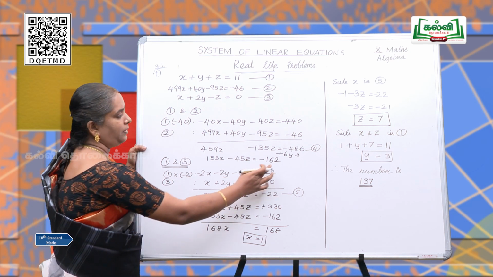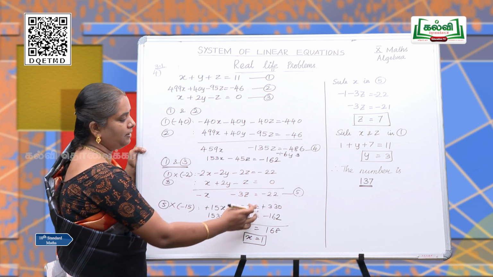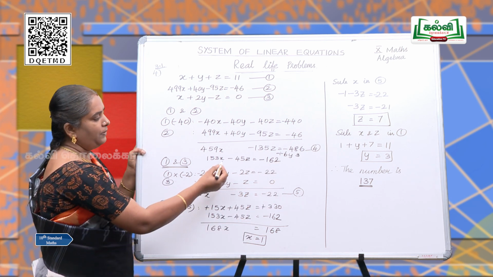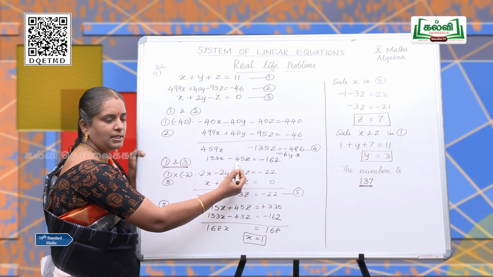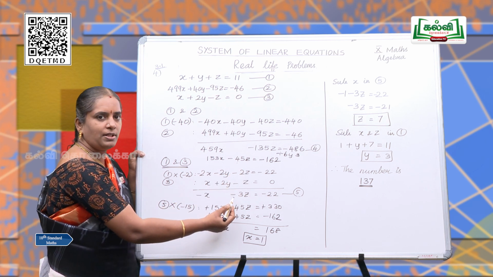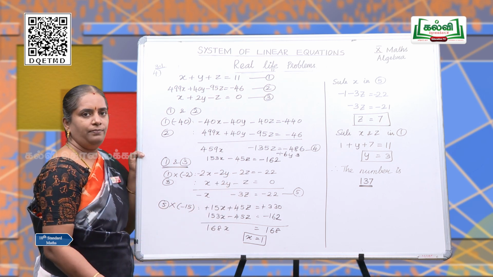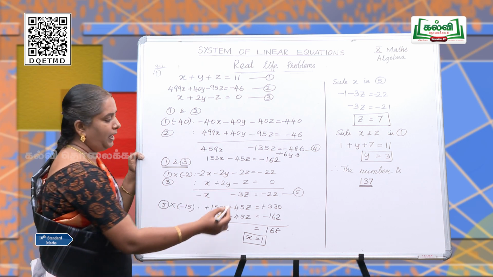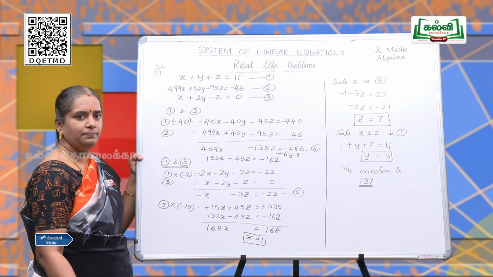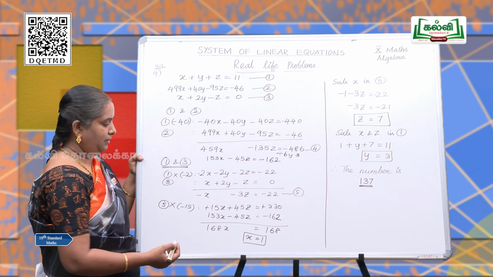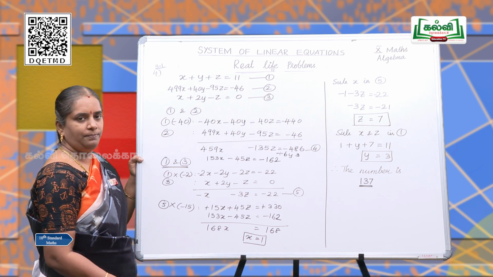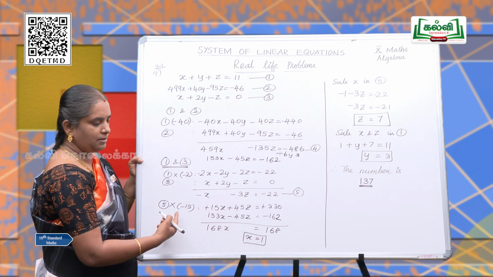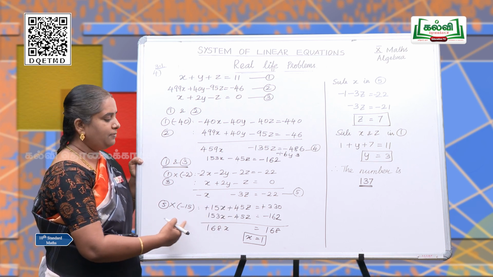In the next step, we are going to take this fourth equation and fifth equation. The fourth equation has minus 45z and the fifth equation has minus 3z. So, to make these two equal, we have to multiply the fifth equation by 15. For our convenience, we are going to multiply by minus 15.